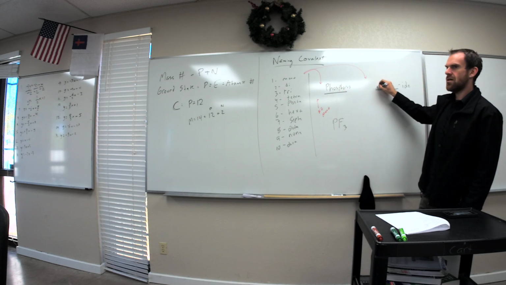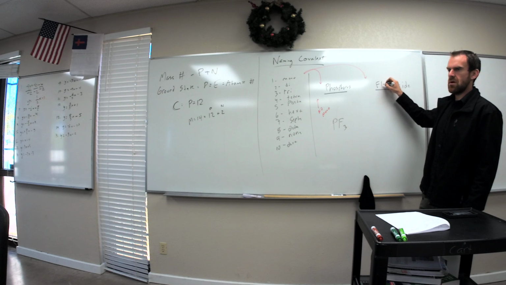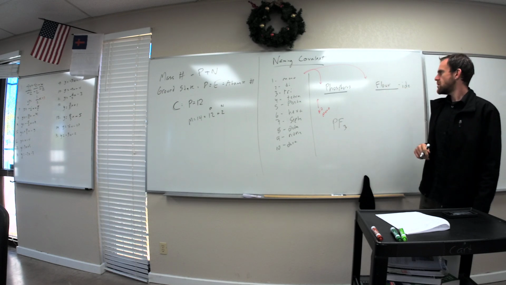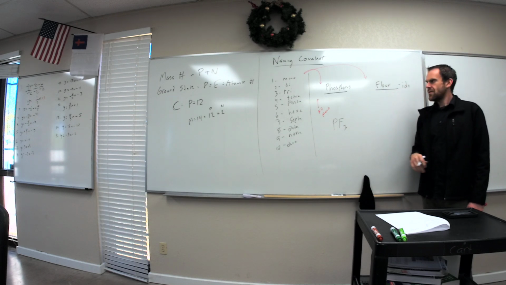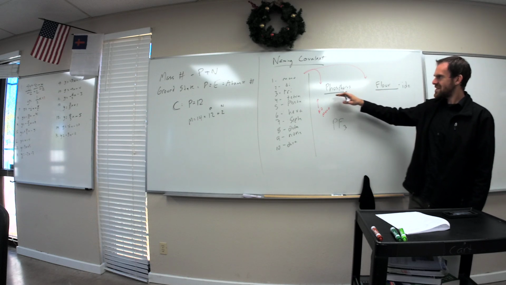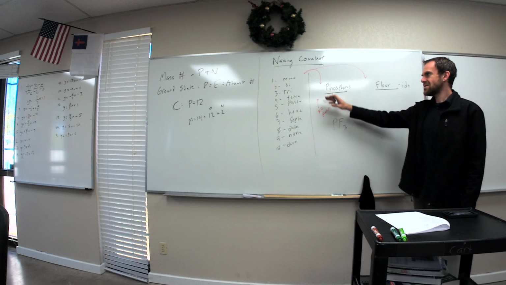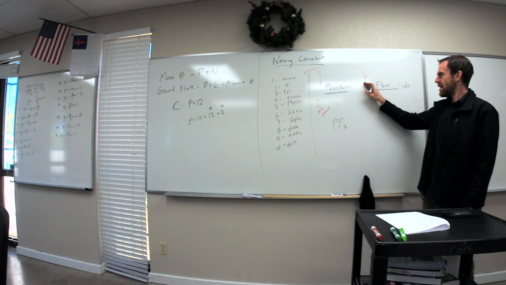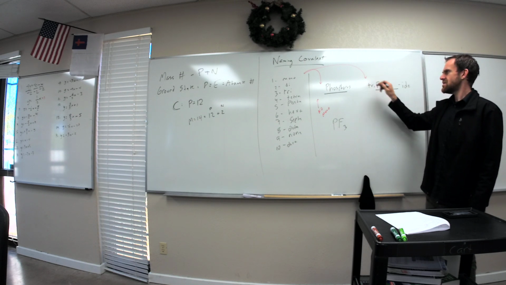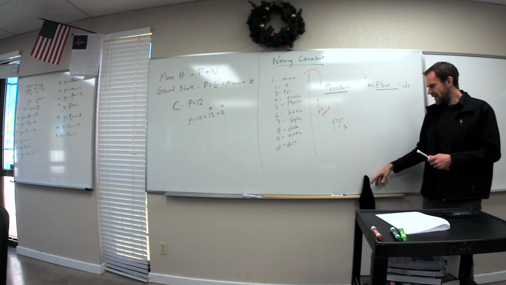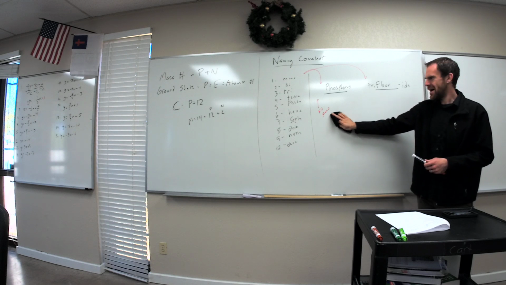F is fluoride. So phosphorus fluoride, but now I must add the prefixes. I have 1 of these, so I'm not going to put mono there. I have 3 of these, so phosphorus trifluoride.